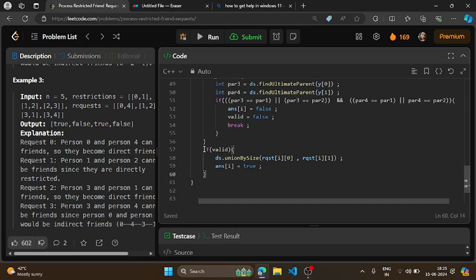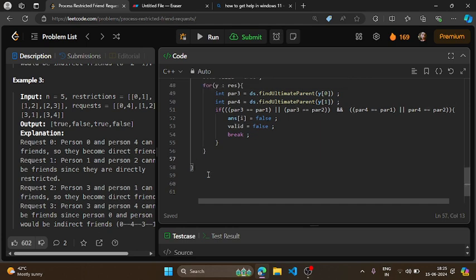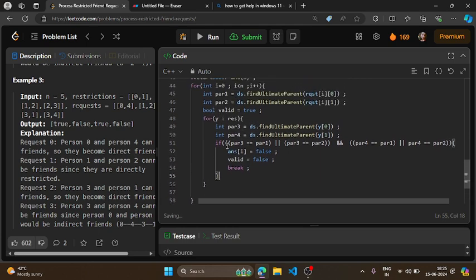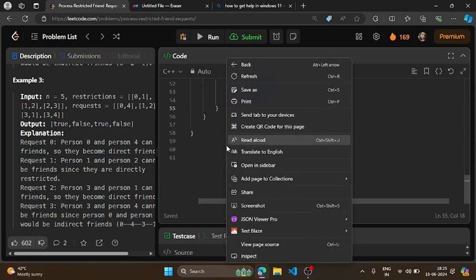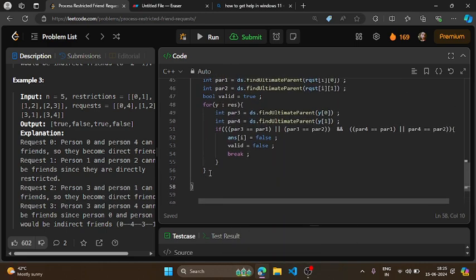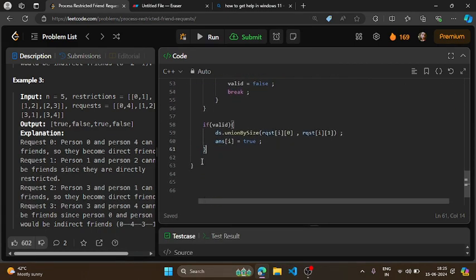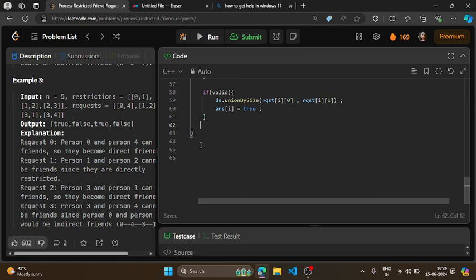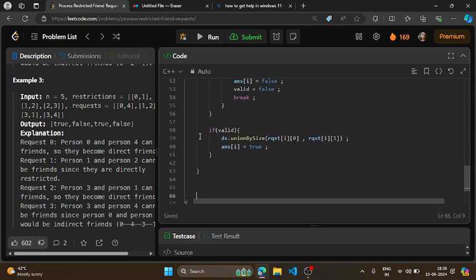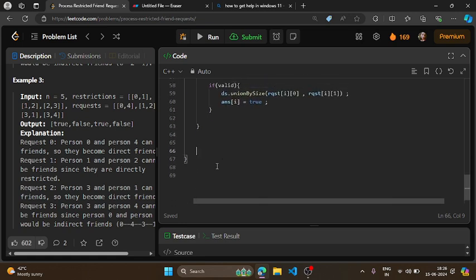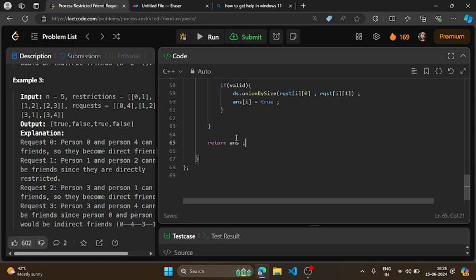Sorry, I have written this outside of the loop, so let me paste it here. After this for loop I have to write, and here I will be returning my answer. So yeah, we are done.